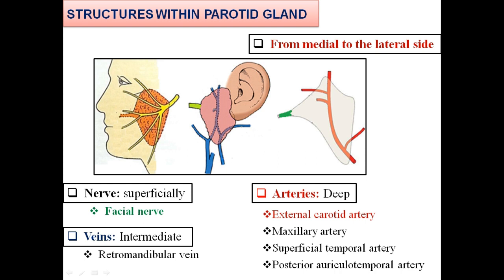Structures within the parotid gland: superficially the facial nerve, intermediate the retromandibular vein, and the deepest structure is the external carotid artery and its branches.